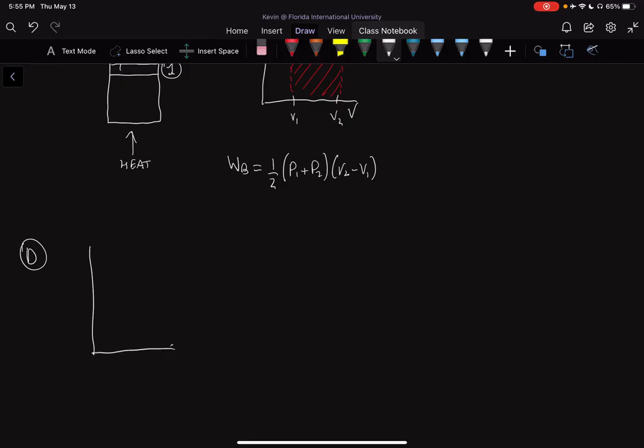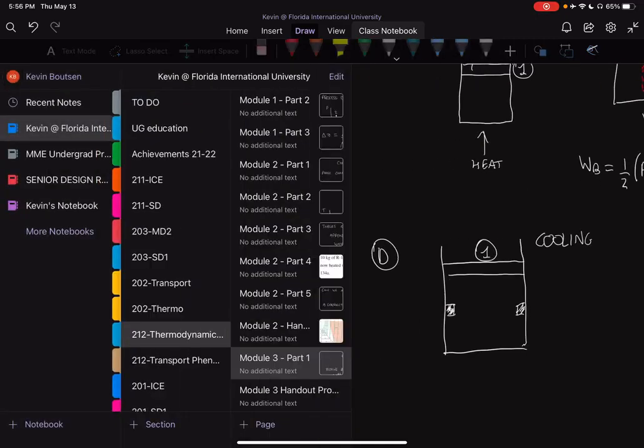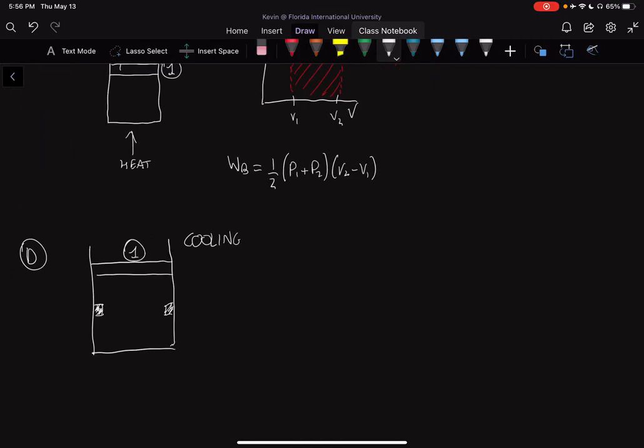So we have a piston cylinder assembly, and our piston is going to be at the top somewhere here, and we're going to have some stops at the bottom now. We're going to assume that this is already hot and it's cooling. Okay, so this would be position 1, and we would start having some cooling.